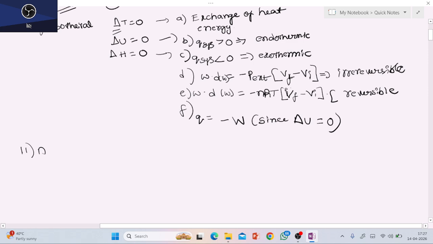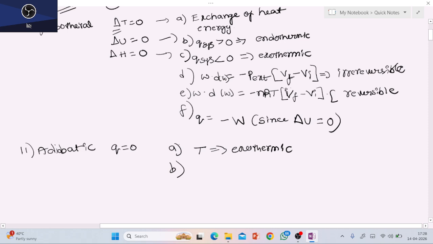Adiabatic, and it will be Q equal to 0. Special aspect A: temperature of system rises in exothermic reaction. Know the difference between exothermic and endothermic process. And it decreases in endothermic process.